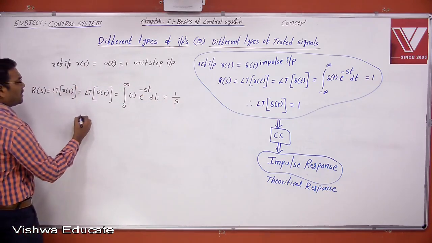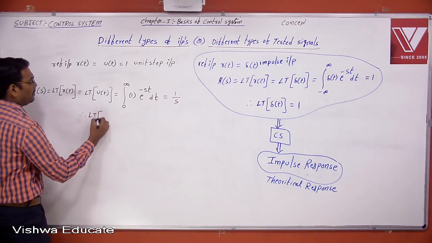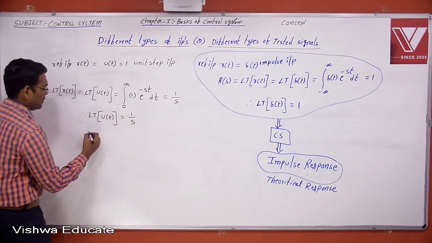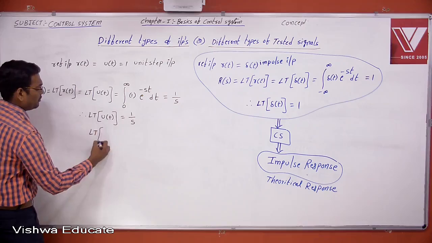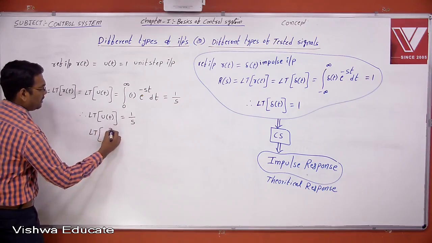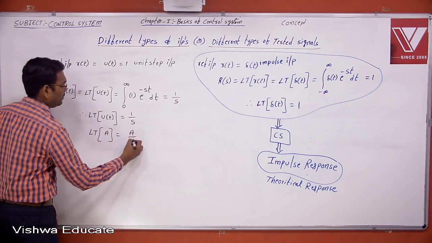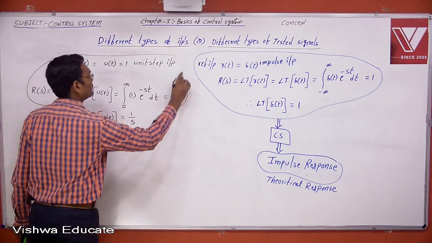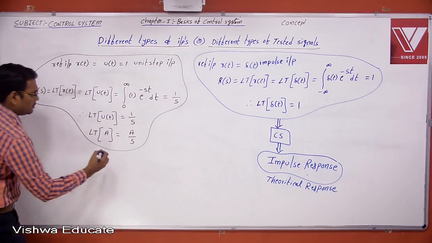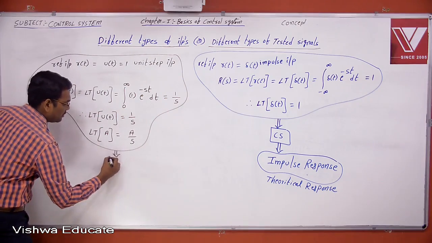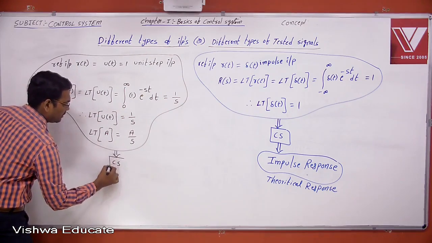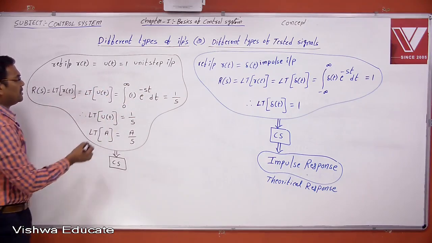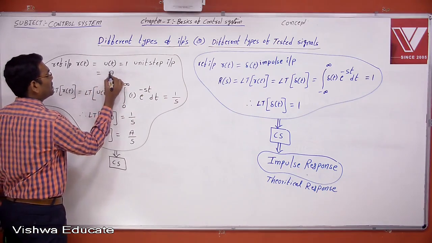Therefore, the Laplace transformation of u(t) is 1/s, or the Laplace transformation of A is A/s. This is the input for a control system, the unit step input or a step input.